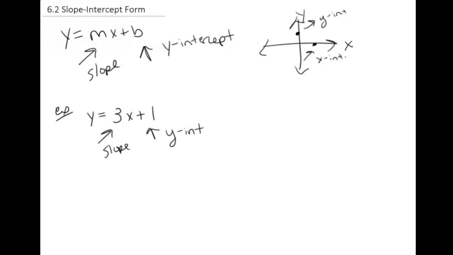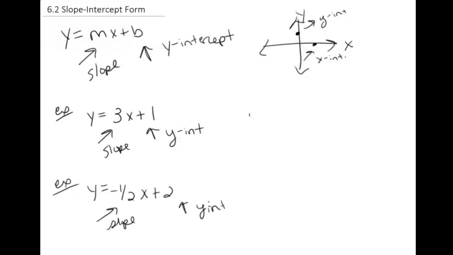So my slope is 3, my y-intercept is 1. You're going to see how this all plays out at the end of the video when we go to graph it. But right now, I just want you to start identifying where the slope is and where the y-intercept is. Okay, similarly, if I had y equals negative a half x plus 2, my slope is negative a half. And 2 is my y-intercept, okay?